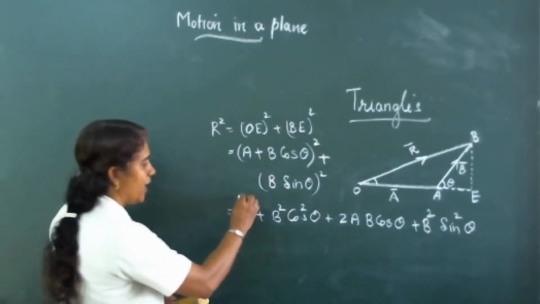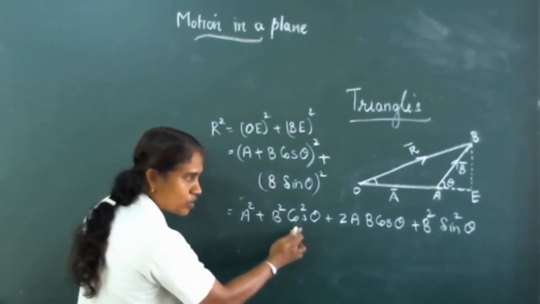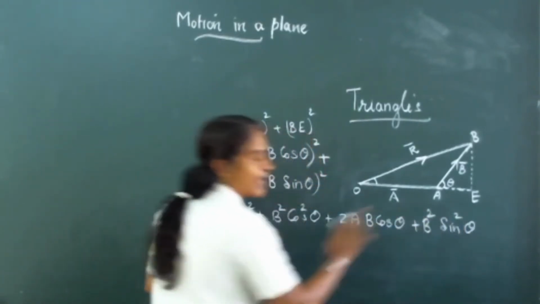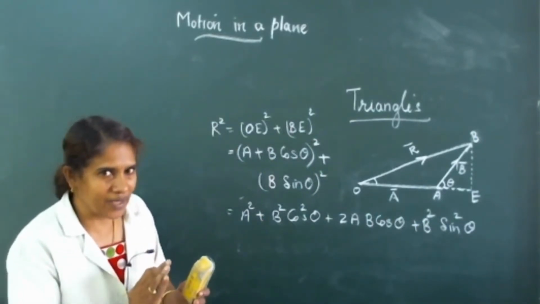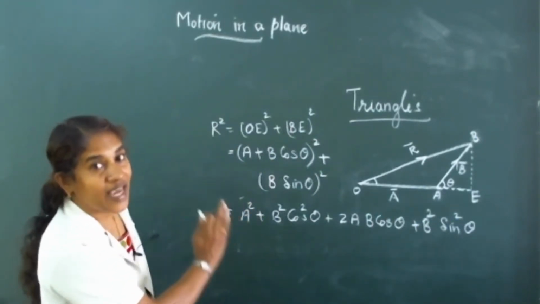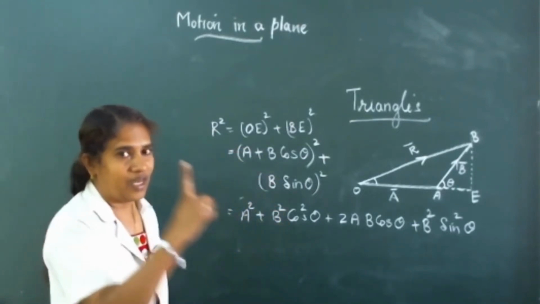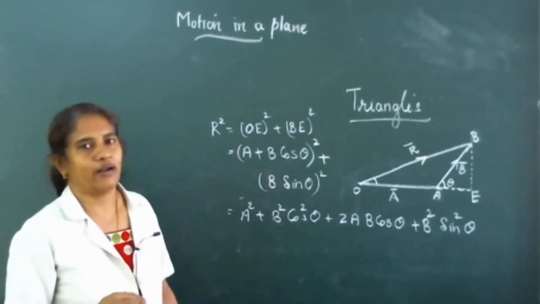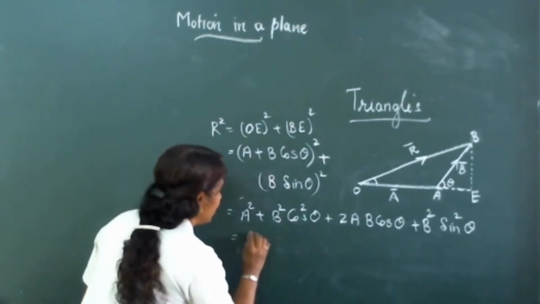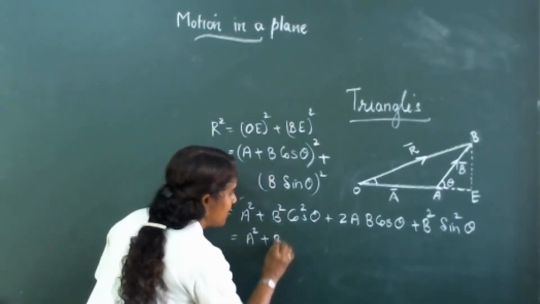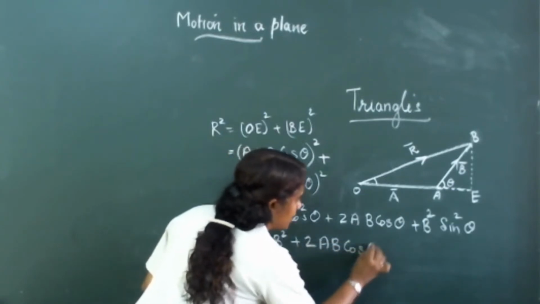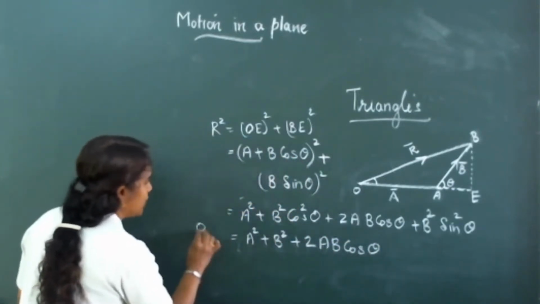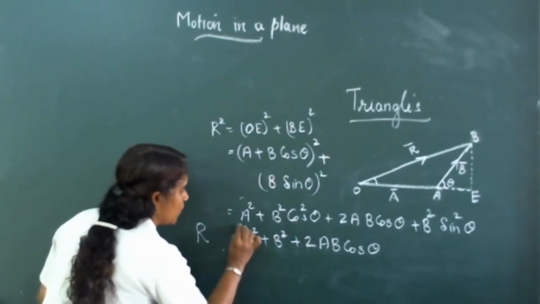Now you see A square here, B square cos square theta there, B square sin square theta there. So we can add both. Keeping B square outside, inside we get sin square theta plus cos square theta, which is equal to 1. Therefore, we can modify this as A square plus B square plus 2AB cos theta. That is the magnitude of our resultant vector.